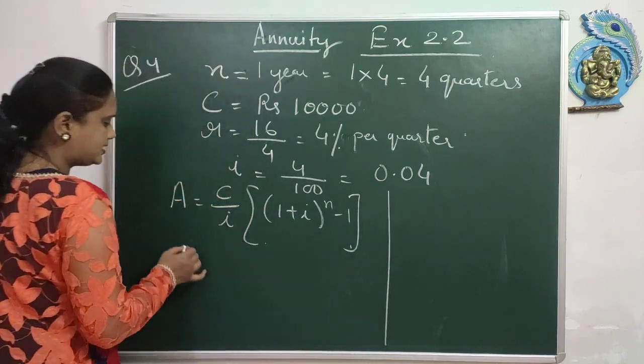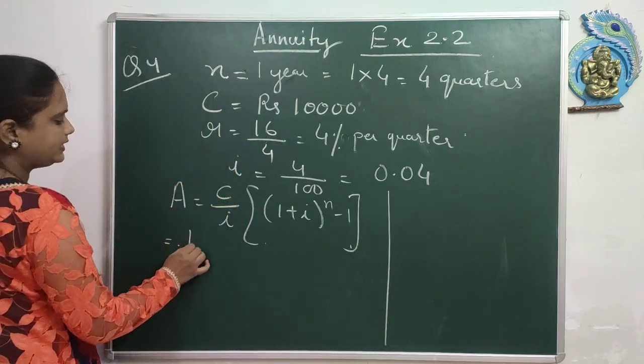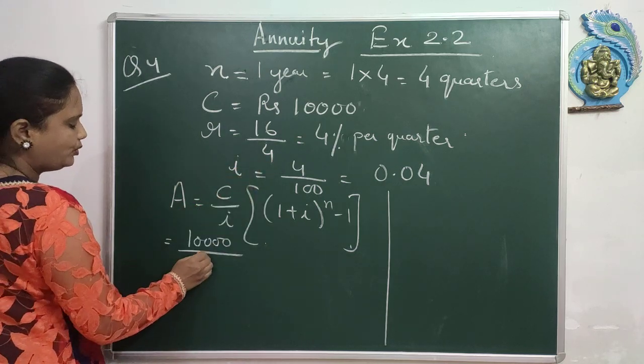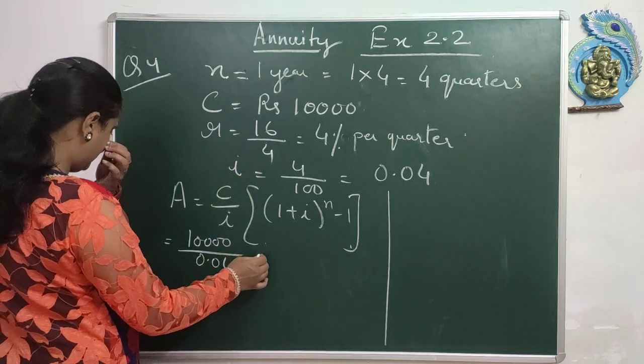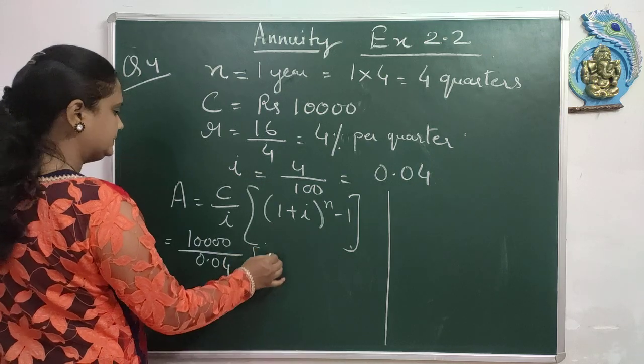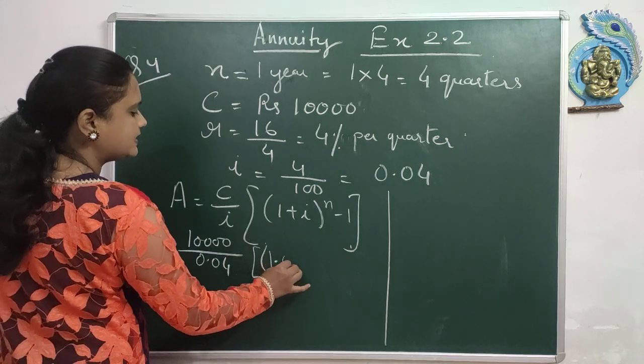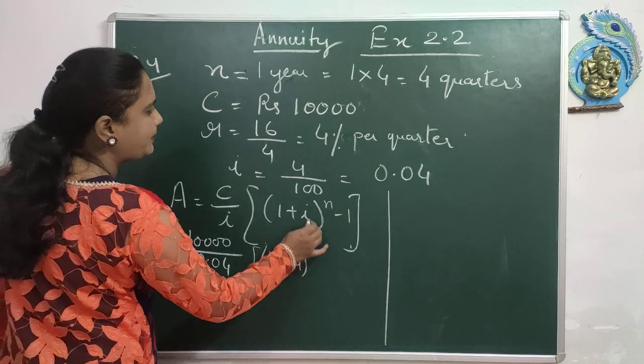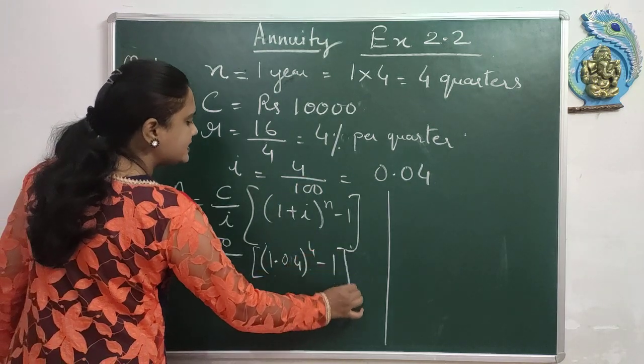Okay, so just go on writing the values here. This is 10,000 upon 0.04. Now this is 1 plus 0.04 to the power 4 minus 1.